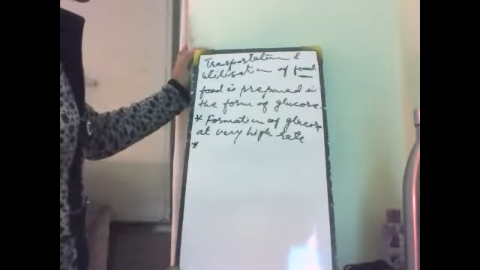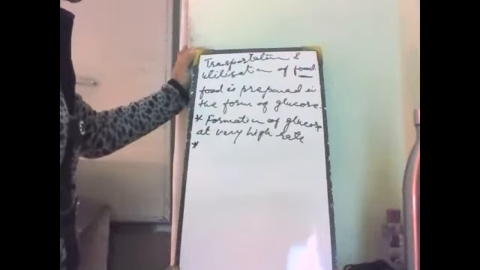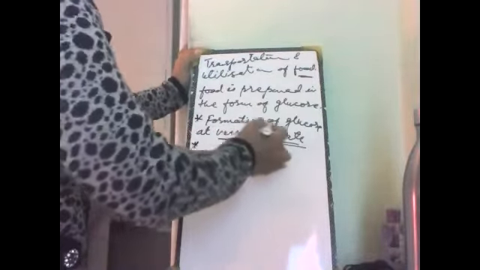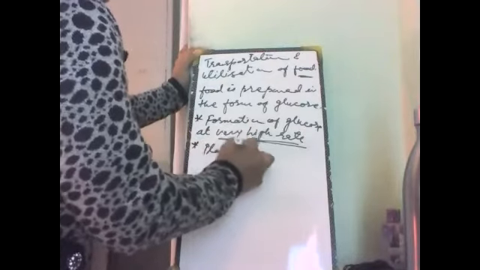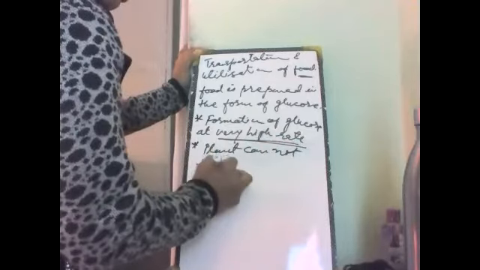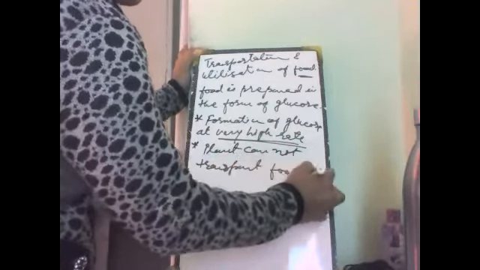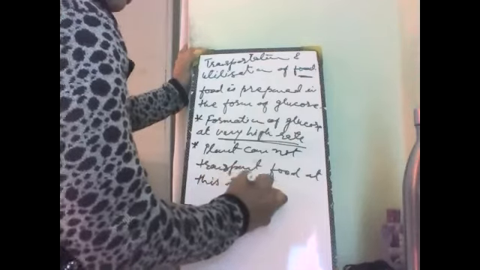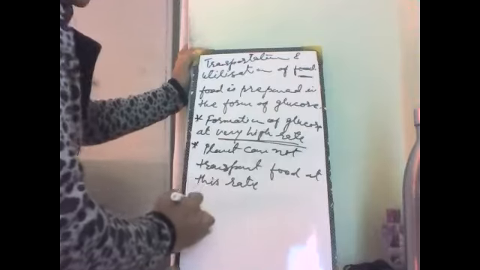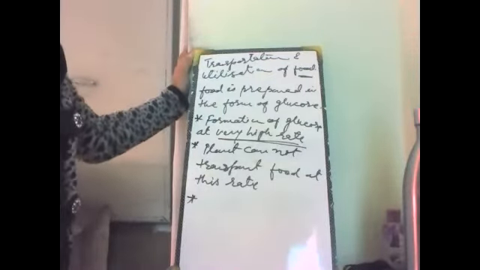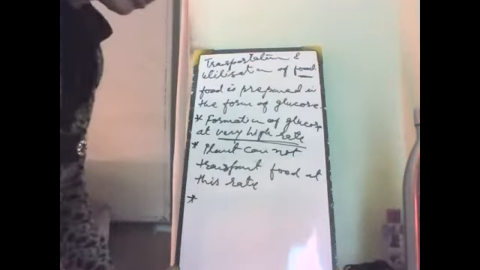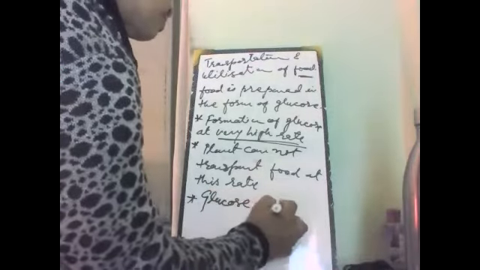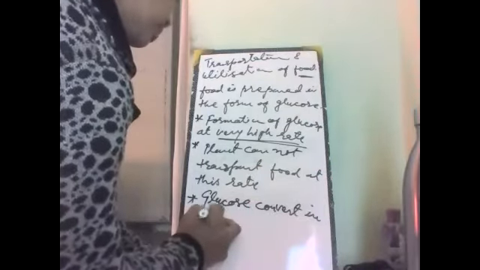So what happens here? The plant cannot transport the food at this rate, so glucose is converted into insoluble starch.